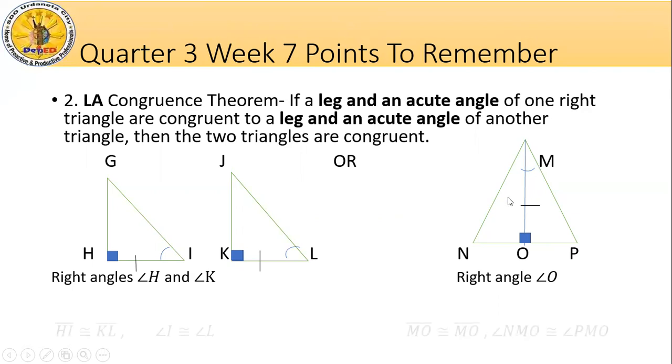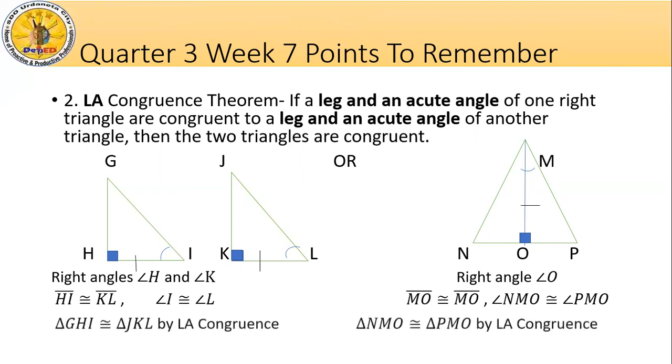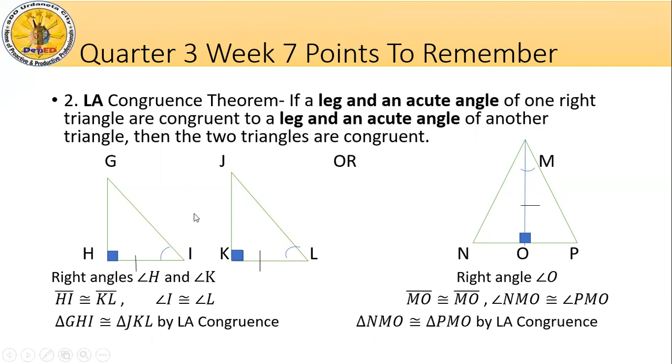Therefore, triangle NMO is congruent to triangle PMO by LA congruence. So, which postulate is the same with this LA congruence? Okay, it is the same with ASA congruence.